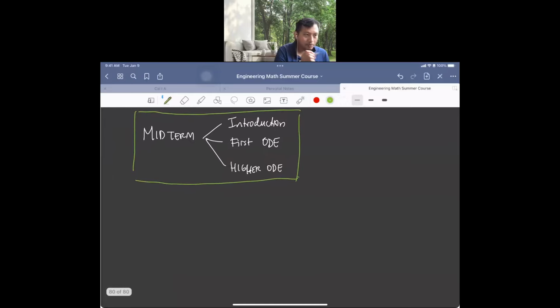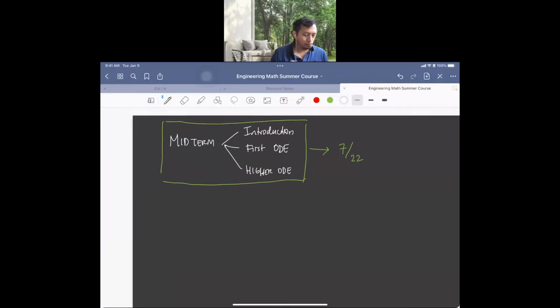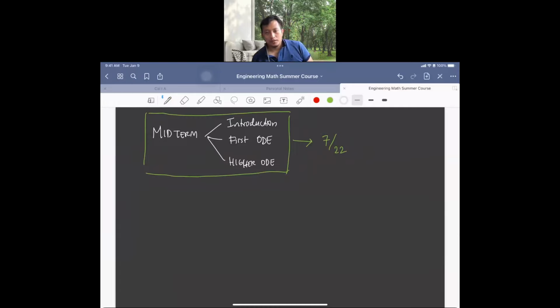This will probably be on maybe the 22nd. So the structure is this week finishing the higher order, and if we have exercises, we will have them within this week.